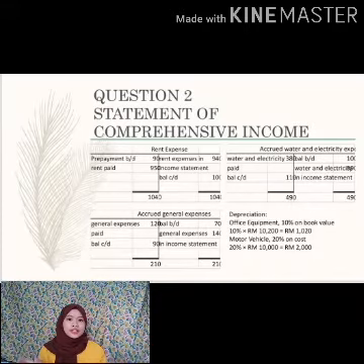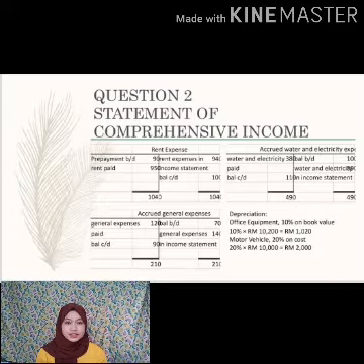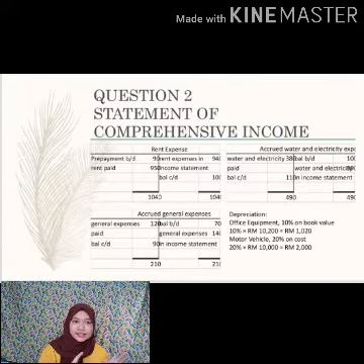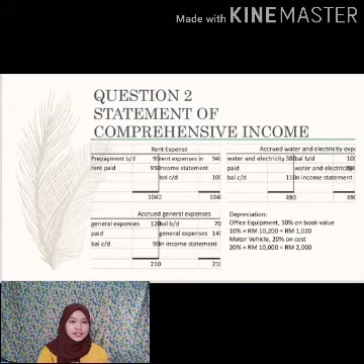So we need to do the T ledger of rent expenses. Then at the debit side, we will put the item prepayment as a balance BD, then rent paid. So we will get the amount of 1,040.